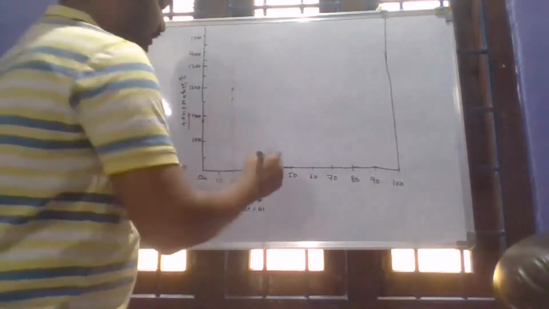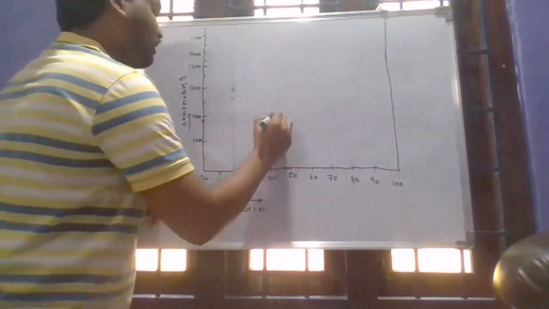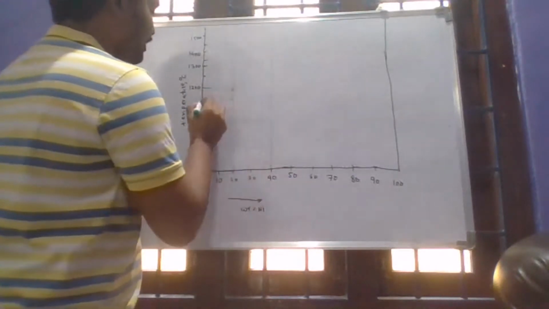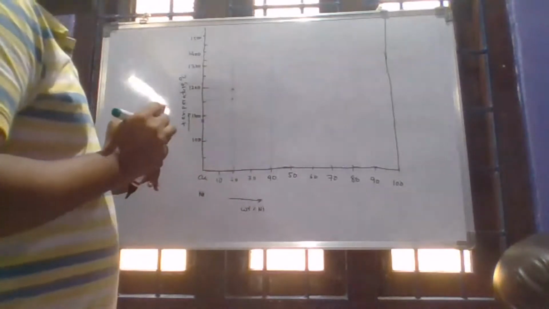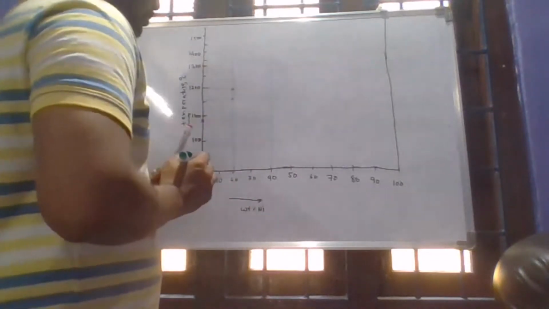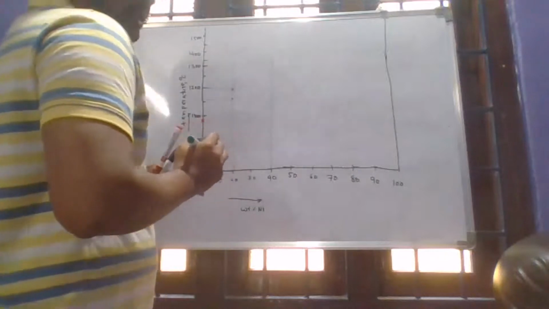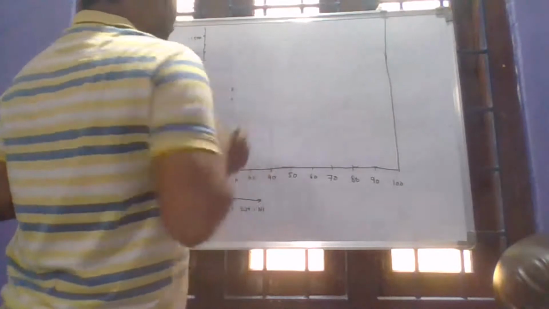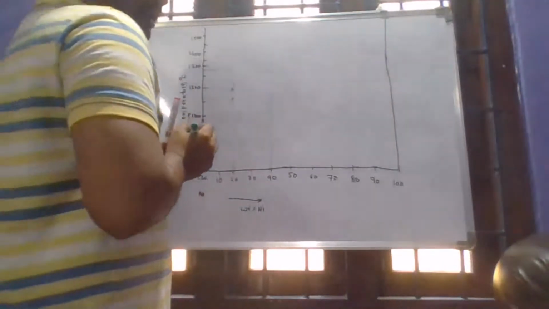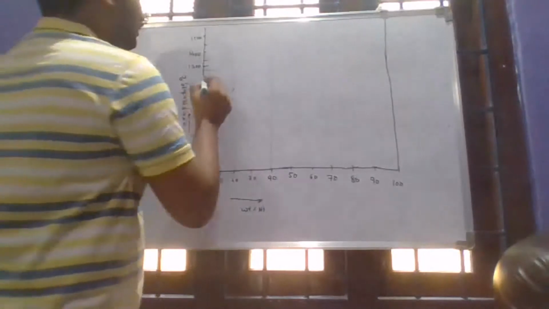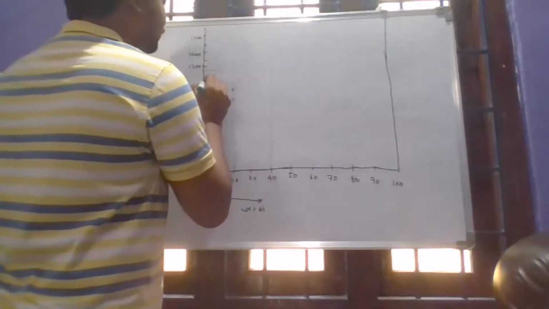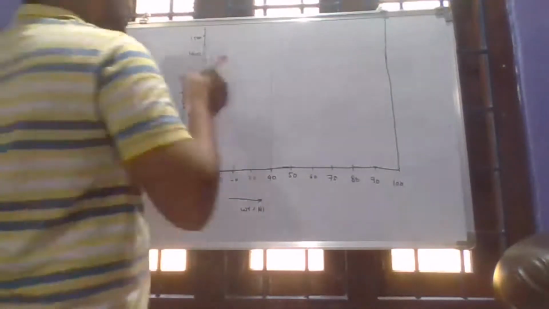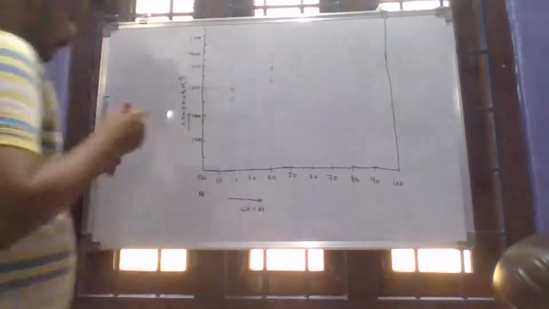For 40% nickel, the liquidus temperature is 1275, and the solidus temperature is 1235, just below 1250. So we can now indicate this point for 40% nickel.